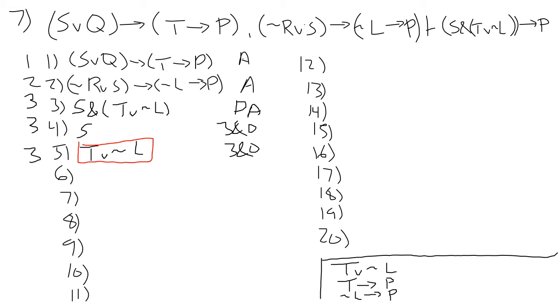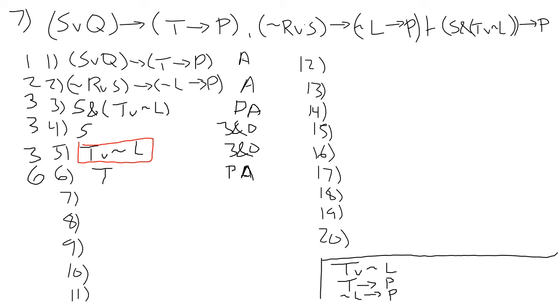So what can we do? Well, actually I guess first we should assume one of the disjuncts is a PA and look to get P.